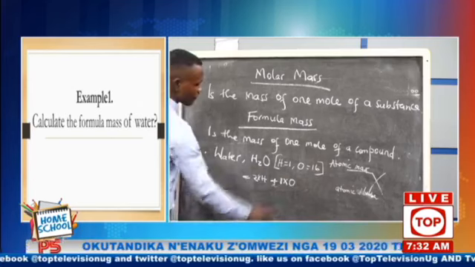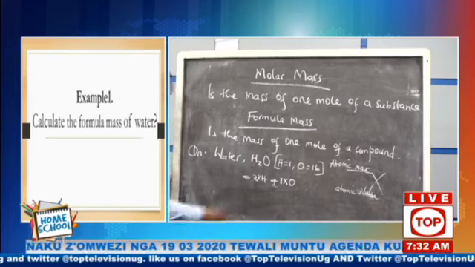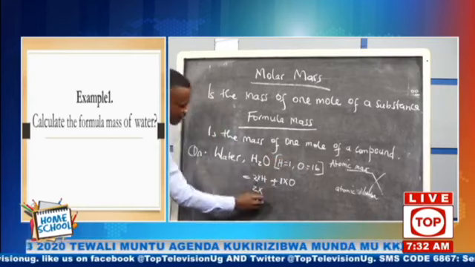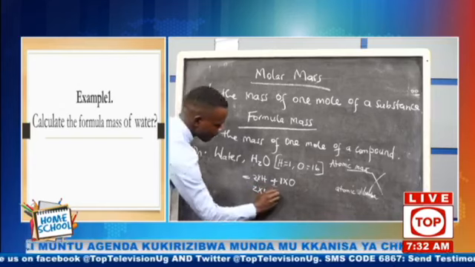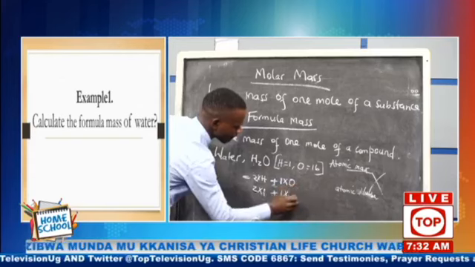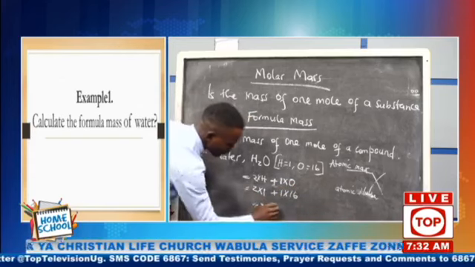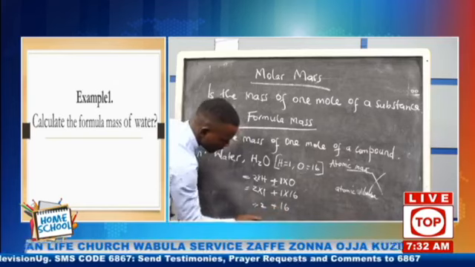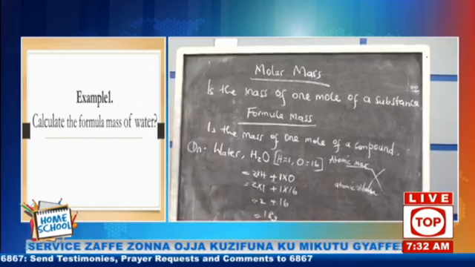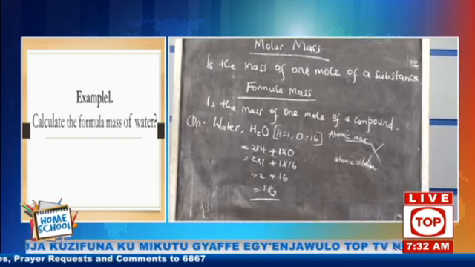Atoms of oxygen, 1; atoms of hydrogen, 2. So here we put in figures. Hydrogen is 1 and oxygen is 16. Then we say 2 plus 16. The answer we get is 18, and you put grams, since anything involving mass goes into grams.